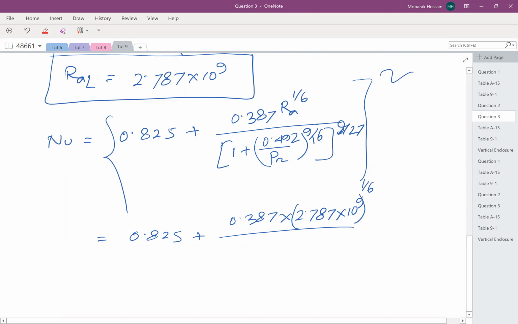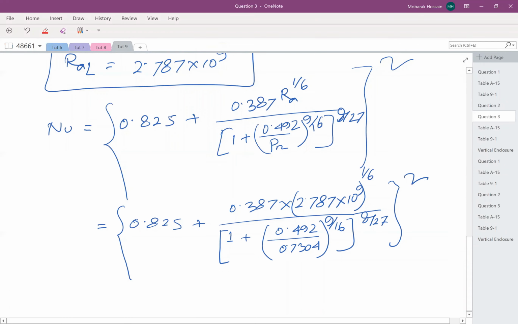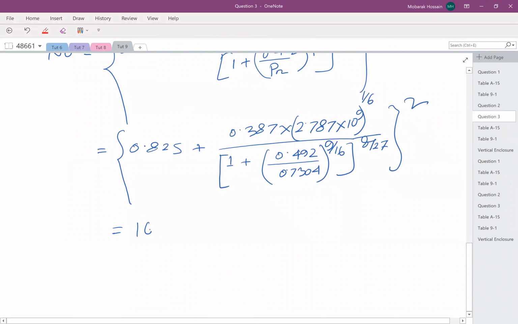Power is 1/6, then 1 plus 0.492, Prandtl number is 0.7304, then 9/16, then whole 8/27, then whole square. It will give you 169.5.